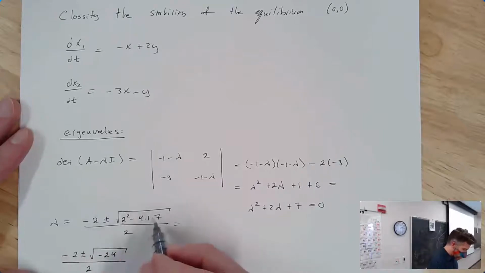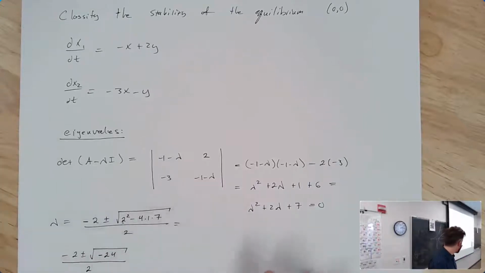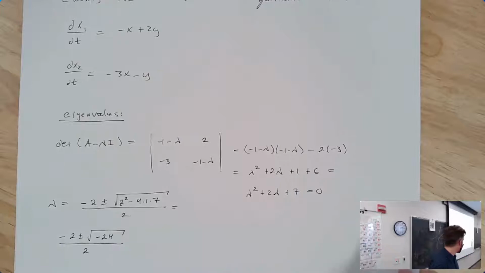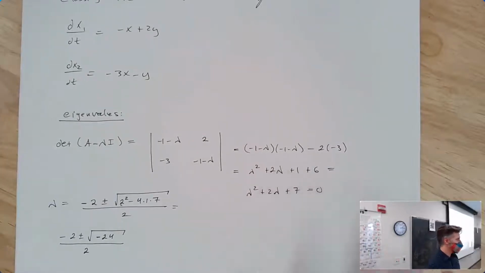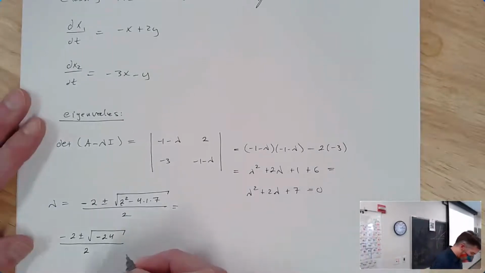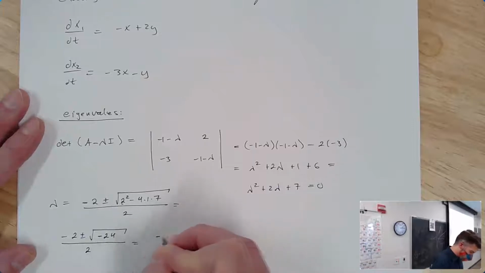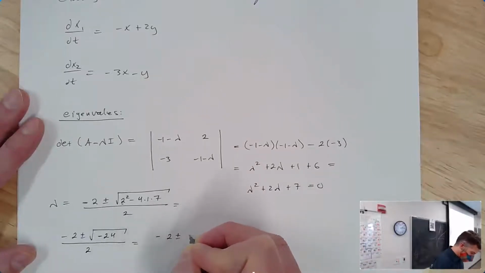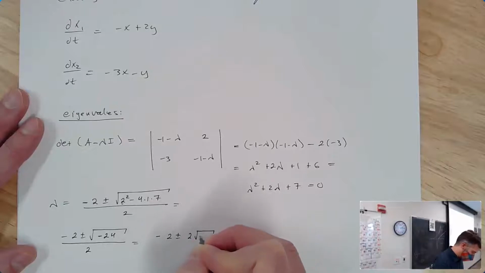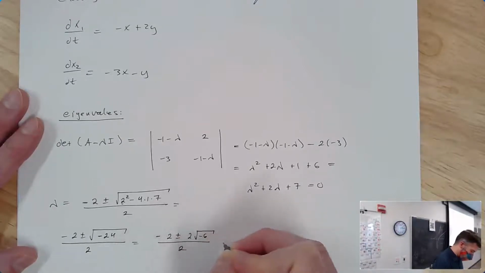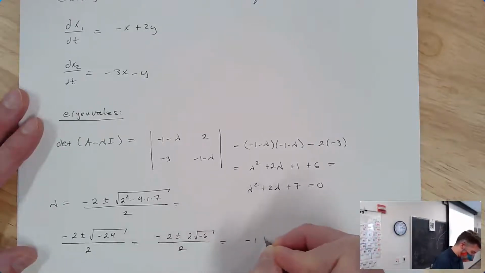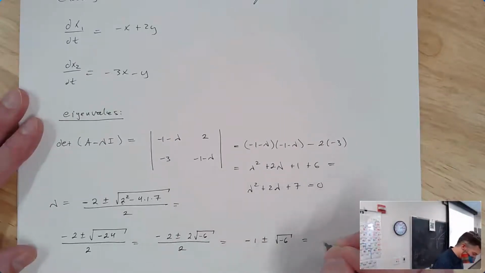Do be careful here. It's really easy to want that to be positive. You just pretend like you don't see the negative sign and make it positive. It's not. It's definitely a negative in there. This does simplify. It's -2 plus or minus 2 times the square root of -6 all over 2, which simplifies to -1 plus or minus the square root of -6, or as we should write this, -1 plus or minus i times root 6.